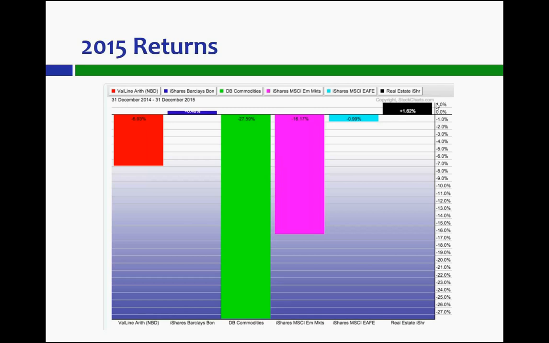But underneath the surface, in the second half of the year, things started to worsen from a global economic standpoint, and a lot of these riskier assets, stocks, foreign stocks, emerging markets, were down quite significantly.